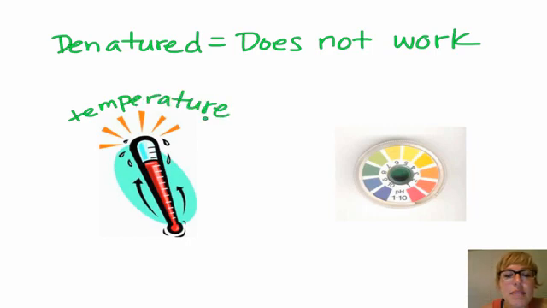Now, if an enzyme gets too hot, the protein unravels and its shape is no longer functional, so it can no longer put apart or together substrate. Another thing that can mess up an enzyme is pH level, if it becomes exposed to acidic conditions or to basic conditions. In our body, enzymes really like to be around this 7 range.